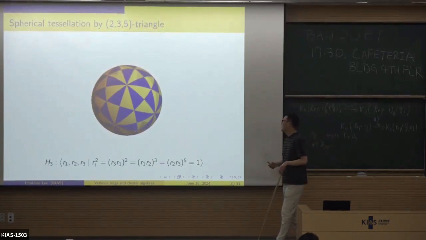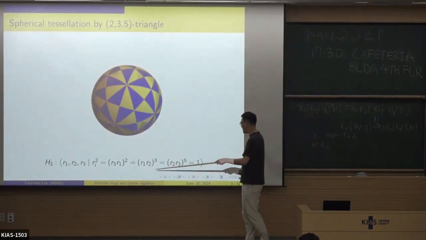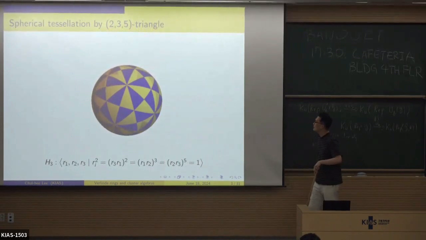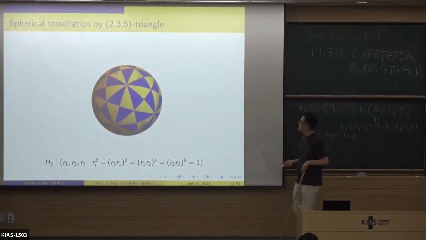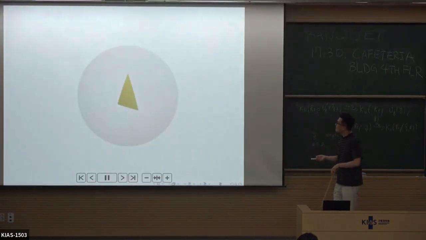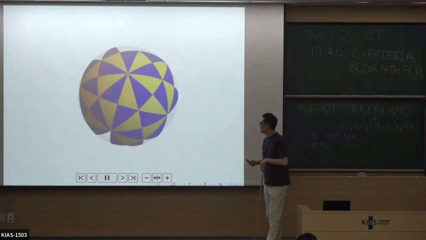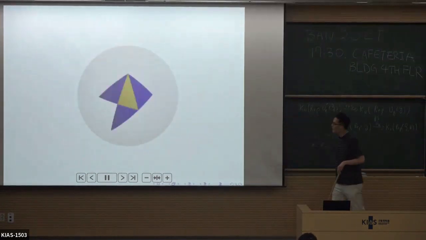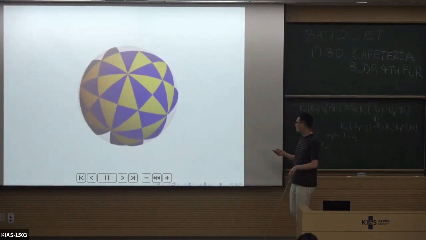And this actually defines a group generated by reflections, and their relations are given by this. And this group is called H3, and this is one example of a Coxeter group. And there's an animation of how these triangles propagate along reflections along the sides. So this all covers the sphere, and there's no overlap between the triangles except the edges.